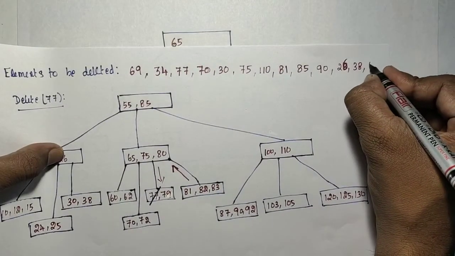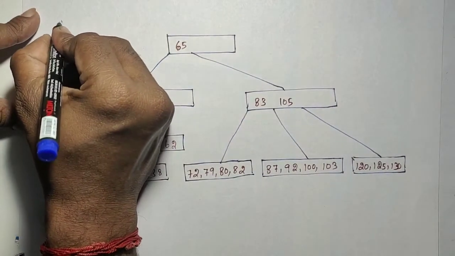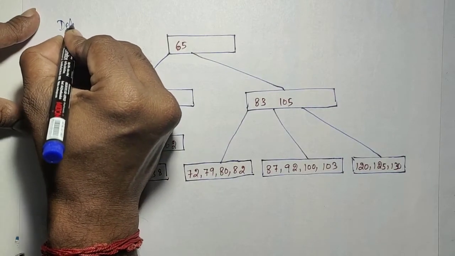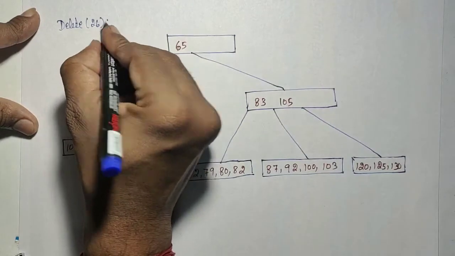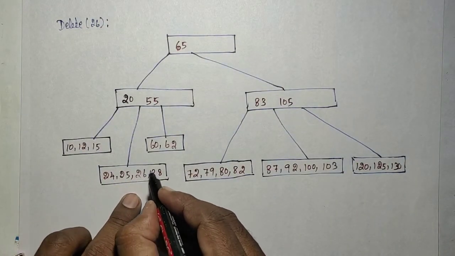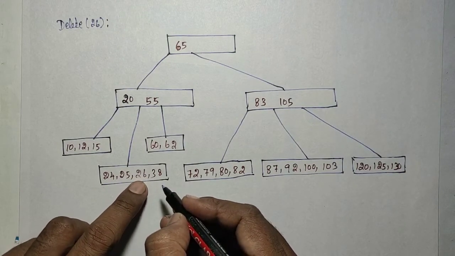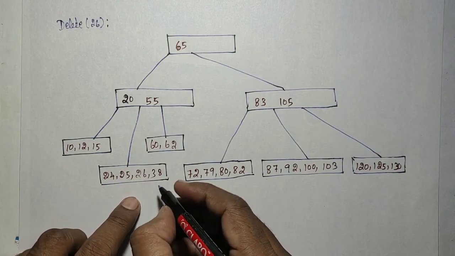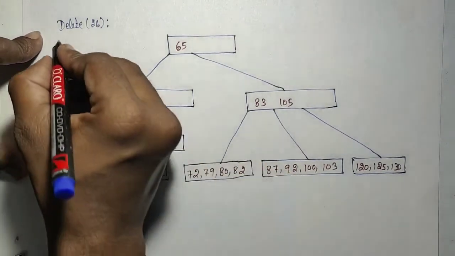Three elements we are going to delete. First, delete 26. Deleting 26 here, the leaf node has more than the minimum number of elements, so it can simply be deleted.